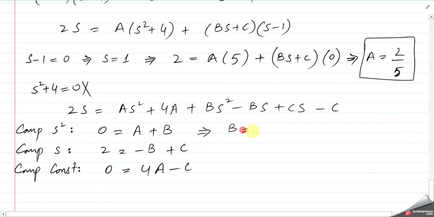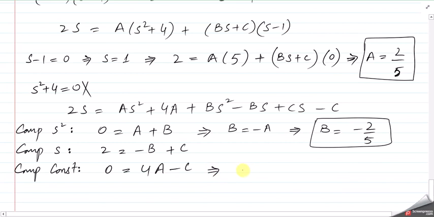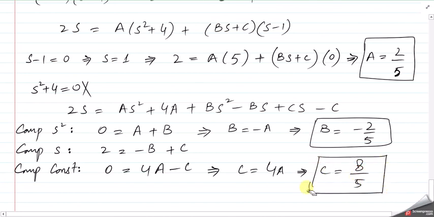This gives b equals minus a, that means b equals minus 2 by 5. And from here we can write c equals 4a, and that means c equals 8 by 5. Lots of 5, you see. I don't like it, and I got it by the wrong choice of 2 in cos.